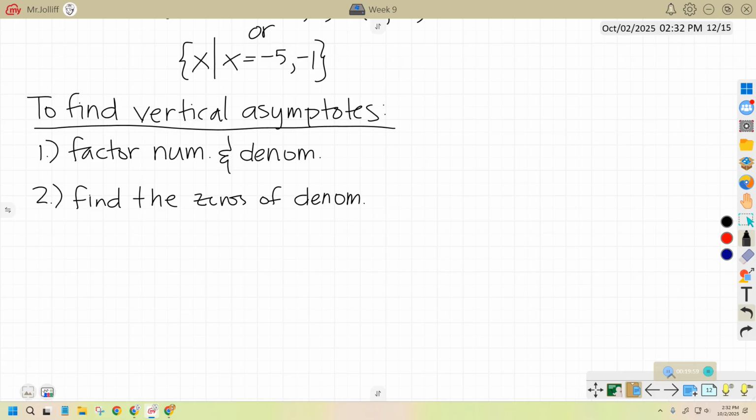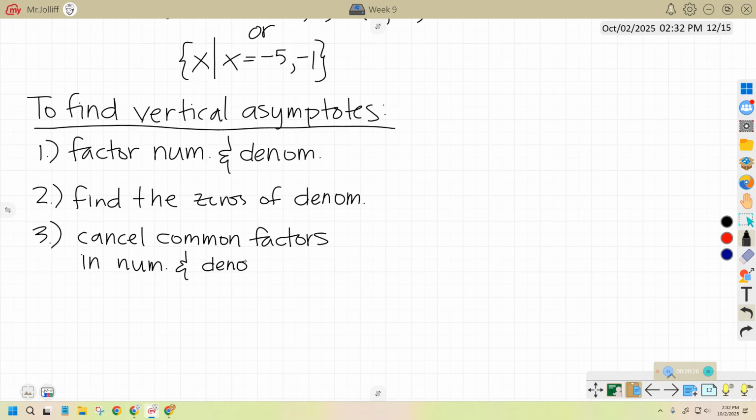Step 3, we are going to reduce our rational function by canceling any common factors in the numerator and denominator. If I have an x plus 5 on top and an x plus 5 on bottom, I'm going to cancel those x plus 5s and rewrite my rational function in its reduced form.